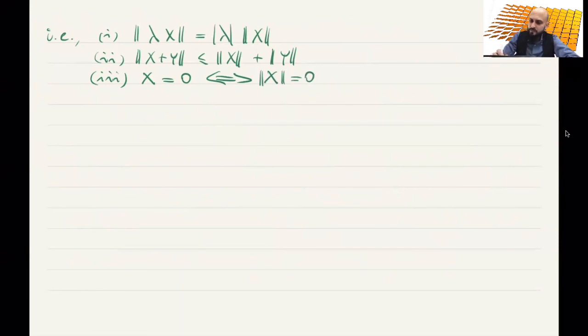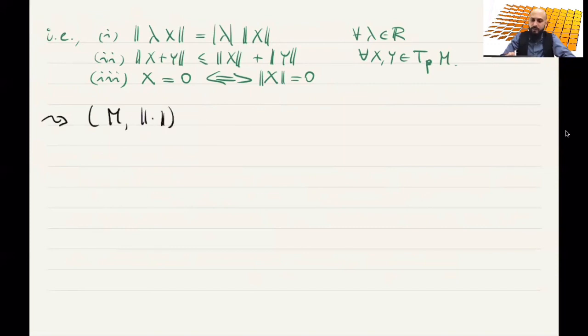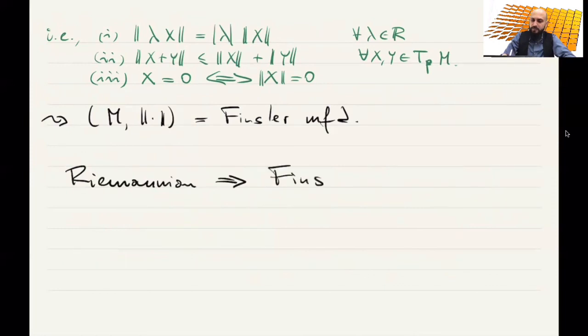This is for all real lambdas and for all x and y in the same tangent space. Once we have a smoothly varying norm, in this course, we will say that the pair M and the norm is a Finsler structure or Finsler manifold. And it should be extremely clear that if you have a Riemannian structure, then this is in particular a Finsler structure.